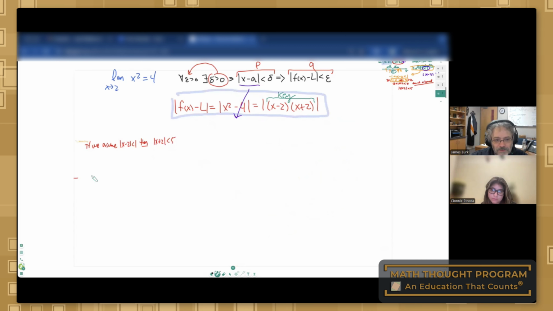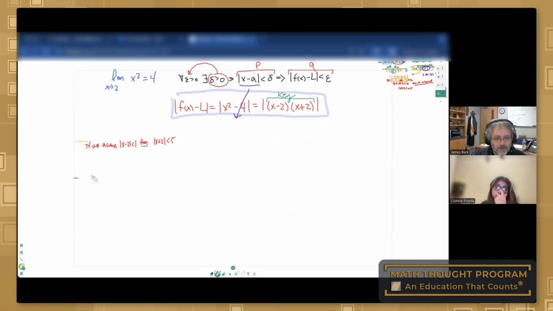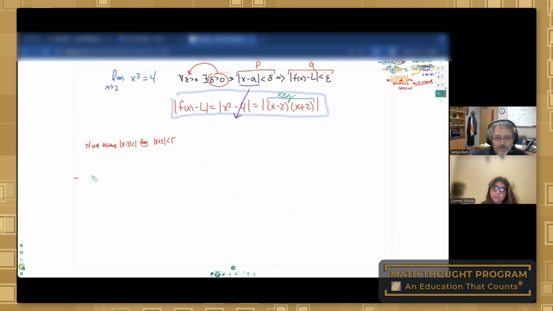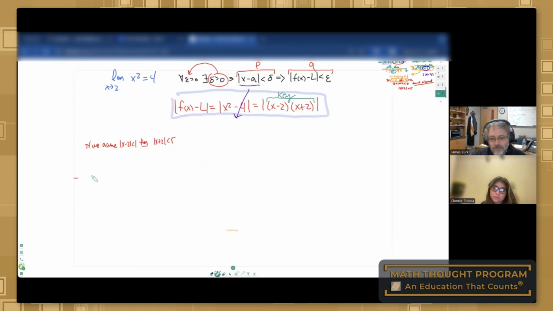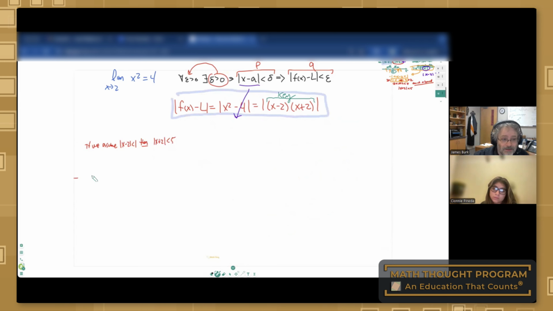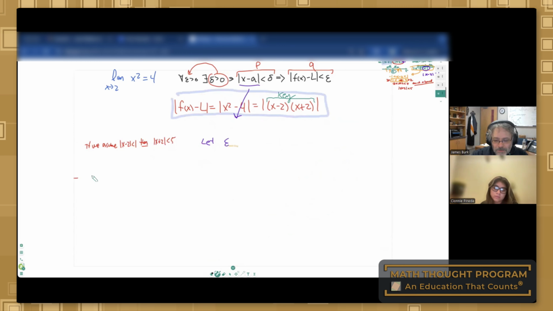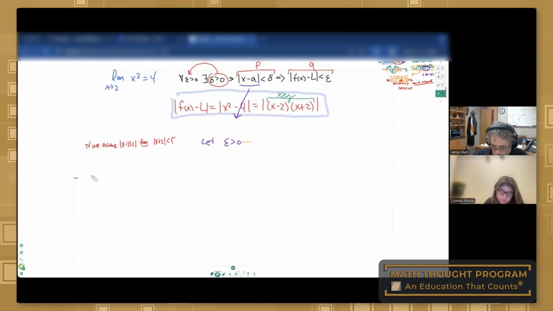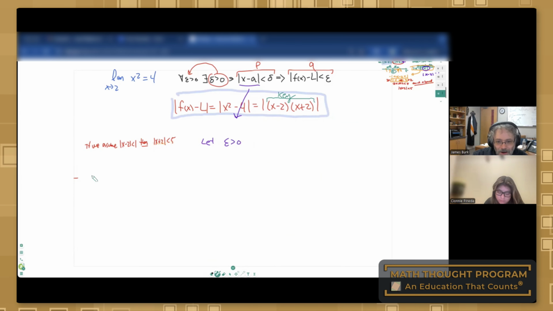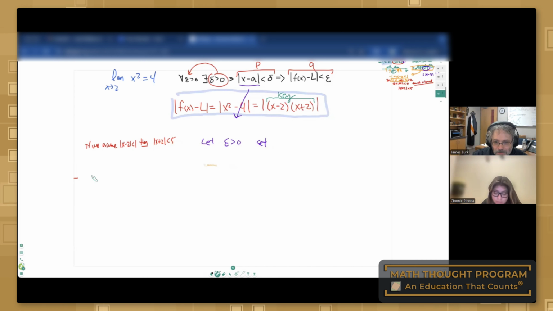Now, after you figure out what's going on here in this case, this is where I want to start looking at what I'm going to need here for delta. So again, we're going to let epsilon greater than 0 be given, some arbitrary value, and let's take a closer look at it.